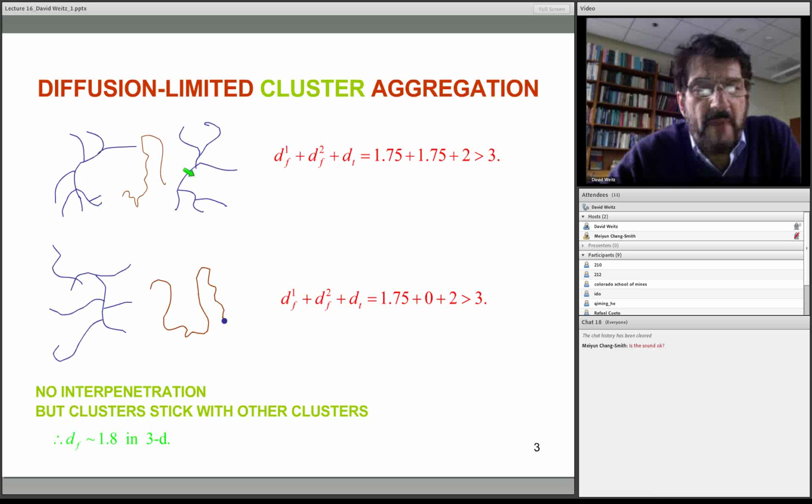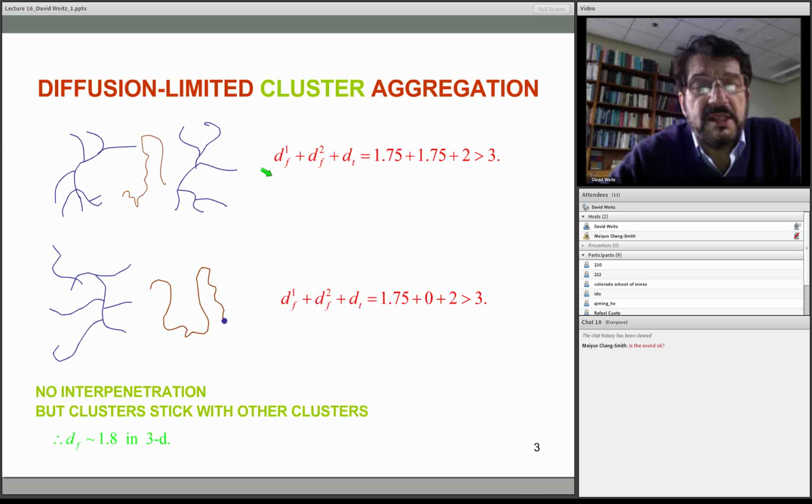So the center of mass, say, of the cluster on the right undergoes this random diffusive motion here. And because of the diffusive motion, this cluster is going to hit on the outside of this cluster. And so you can see that they're going to stick. The 2 tips of one cluster will stick to the tip of another cluster. And that will lead to a very tenuous open structure.